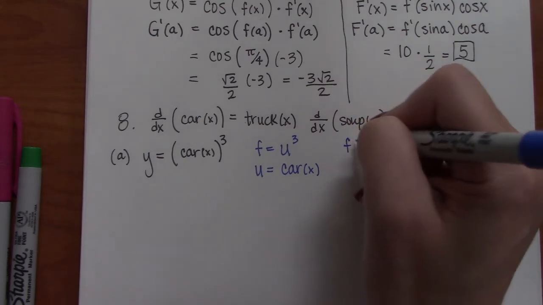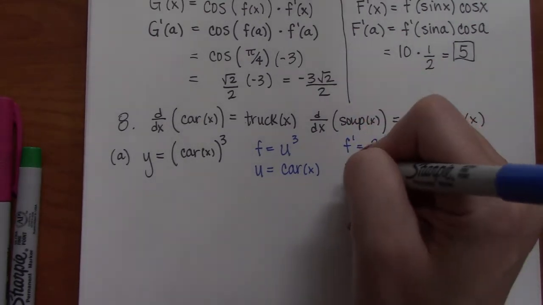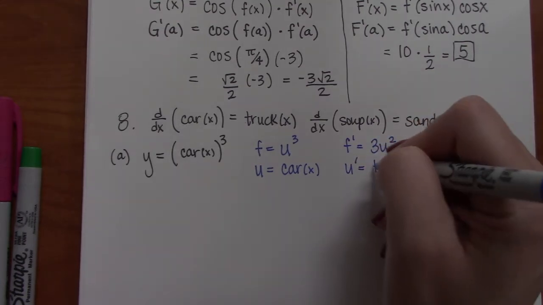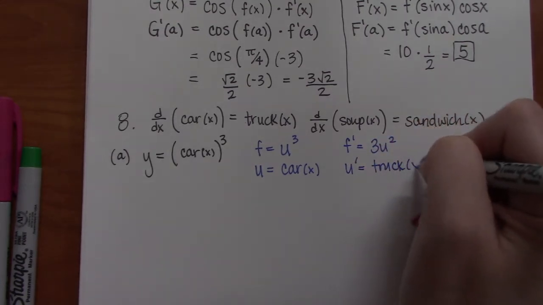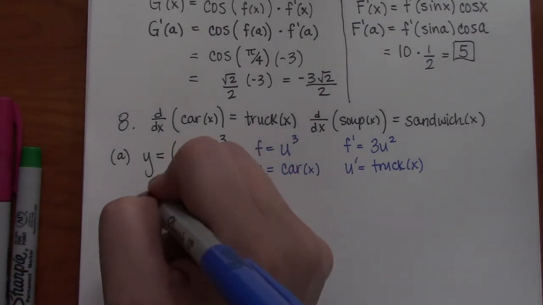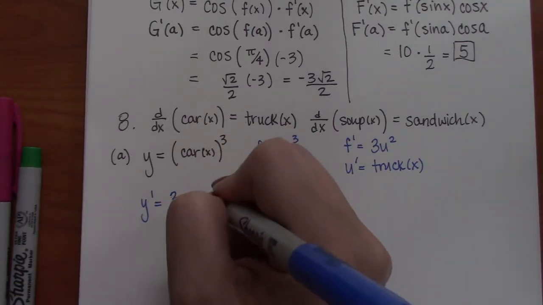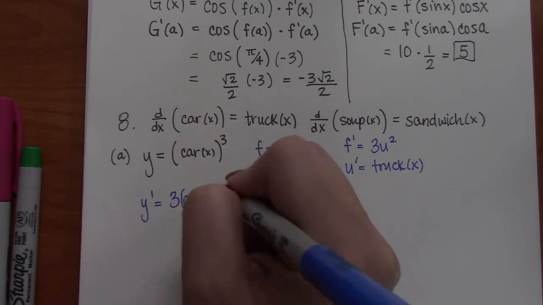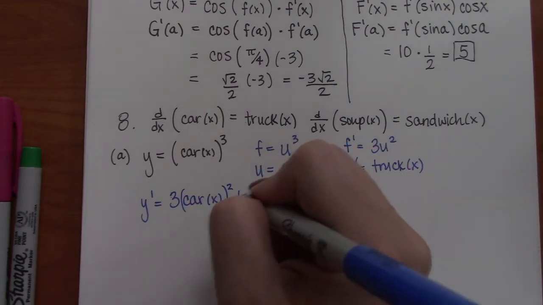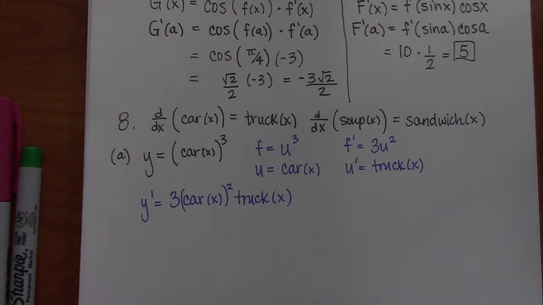So then the derivative of the outside function was 3u squared, and the derivative of the inside function came out to be truck, because we were told derivative of car is truck. So then when we put it all together, y prime is 3 car of x quantity squared times truck of x. So it's f prime times u prime, derivative of the outside times derivative of the inside.